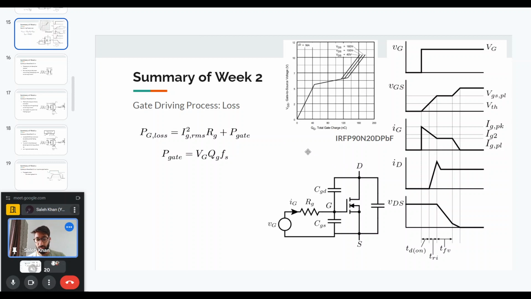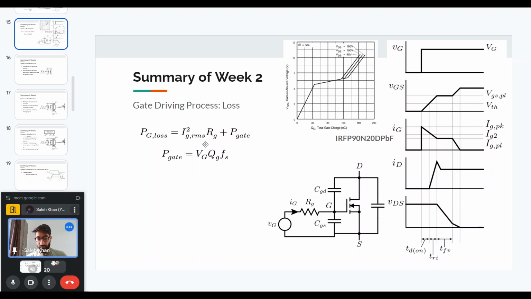So basically the power that is lost during the gate driving has two components. One is the RMS of the IG, and as we saw, the IG RMS will probably be very small. But still, if you calculate that value, you can take into account the loss in the gate driver, in the gate resistance.